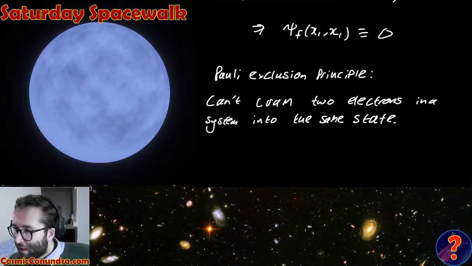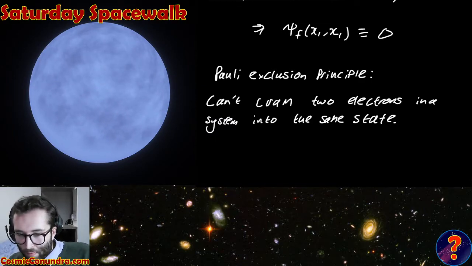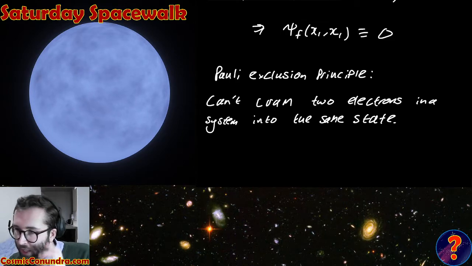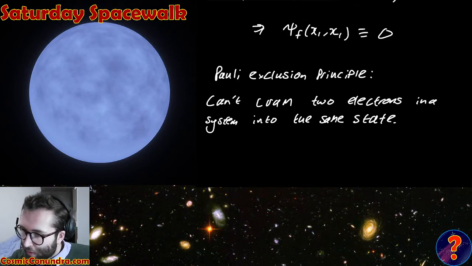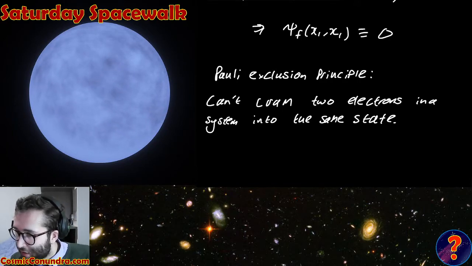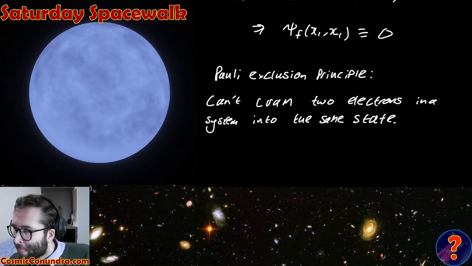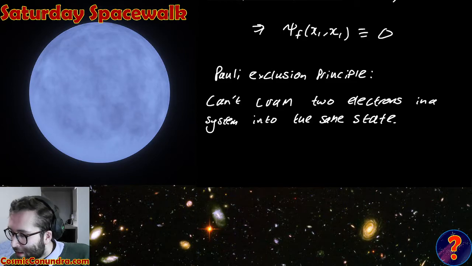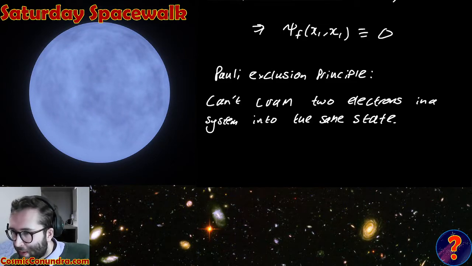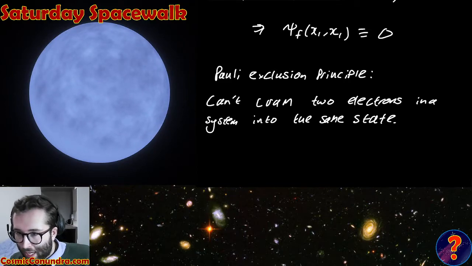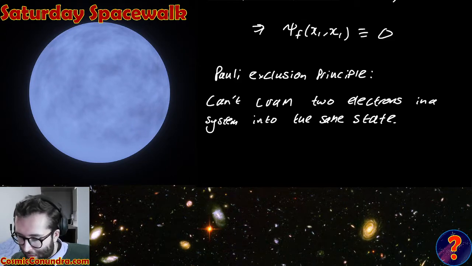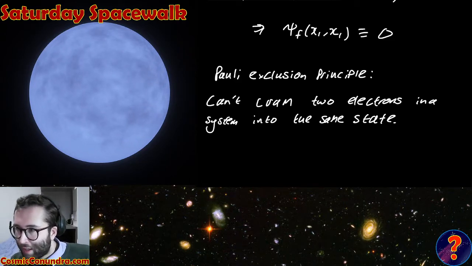So you can imagine if you've got these electrons inside of the white dwarf star, if you keep trying to squish the star down and collapse it inwards, what you're essentially doing is pushing these electrons closer and closer towards each other. And you might think that, even without thinking about quantum mechanics, there should be an electrostatic repulsion, because electrons are negative, and if you try and cram two like charges together, they'll repel each other.